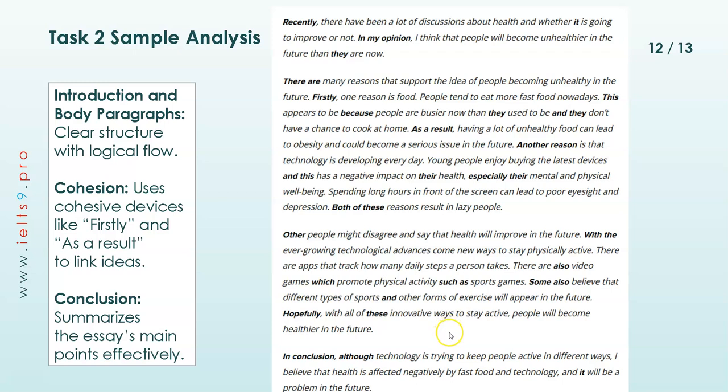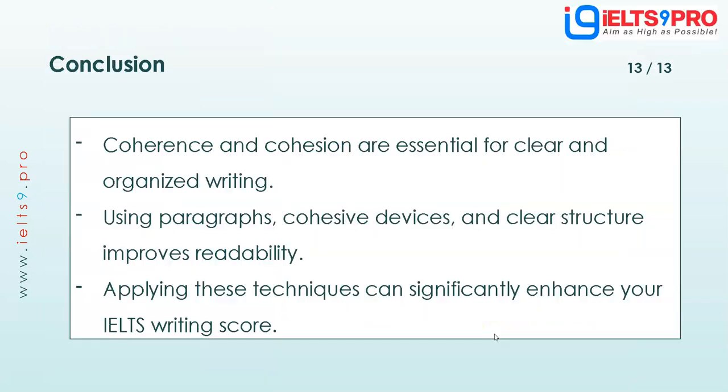Okay, I'll just leave this here for a second. So, pretty straightforward stuff, eh? So, in conclusion, for clear and organised writing, you must pay attention to coherence and cohesion.